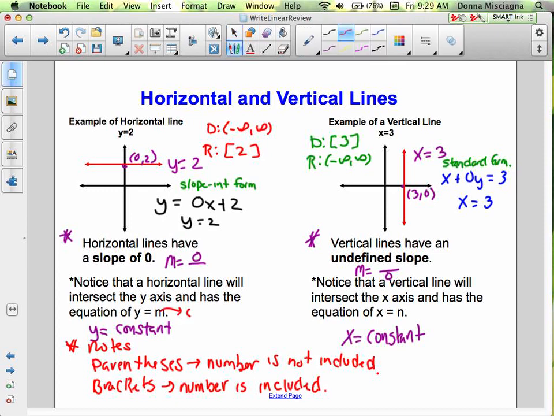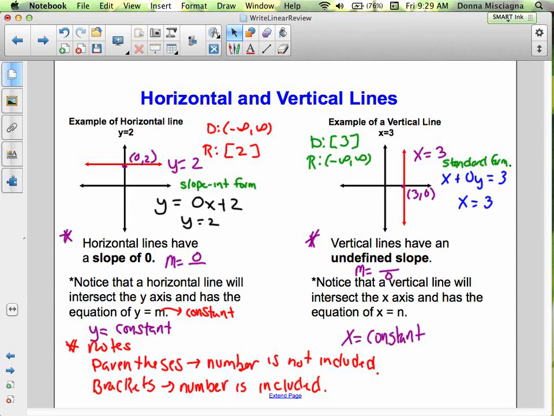I use m for slope, so below I have y equals constant. I'll talk about these notes at the bottom when I talk about domain and range.